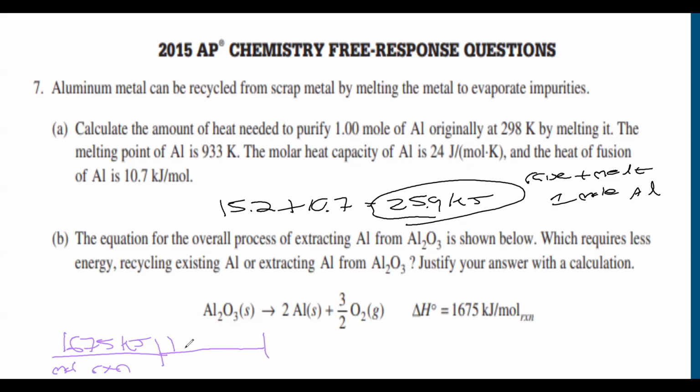For every one reaction, there are 2 moles of aluminum.